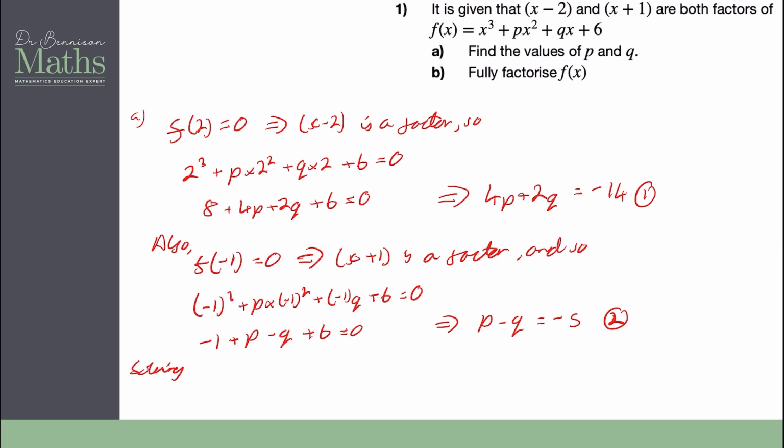So solving 1 and 2 simultaneously, and I would use your calculator for this. There is no need to do it another way. So let's substitute these two equations in. We've got two unknowns.